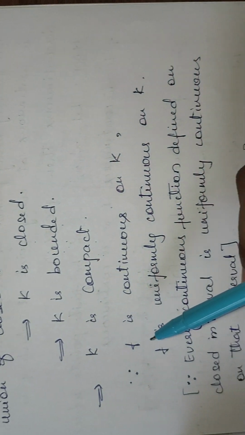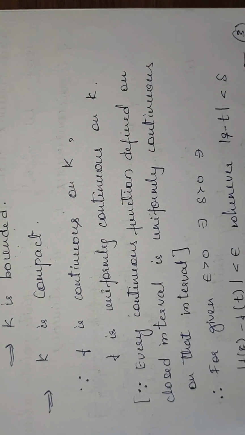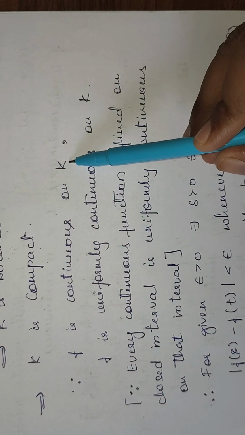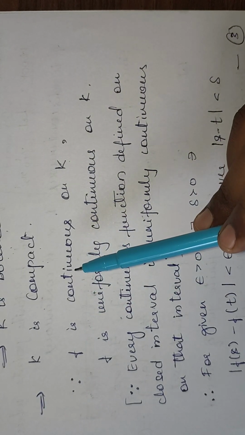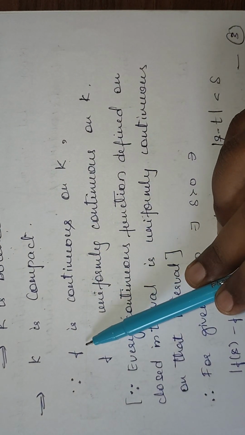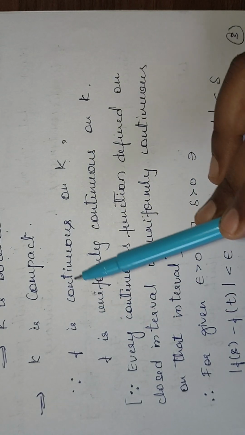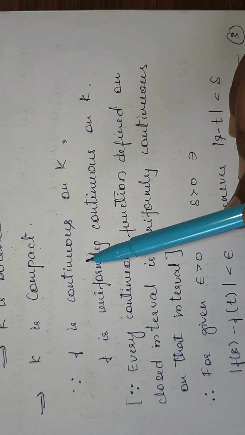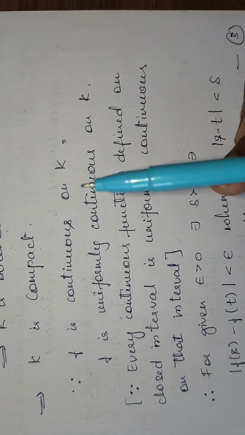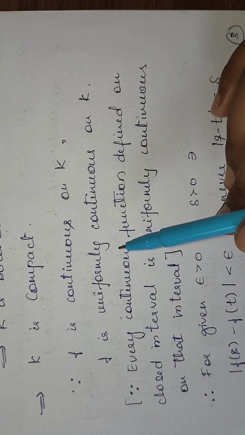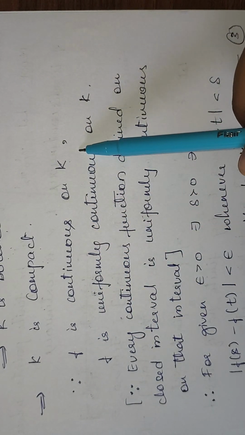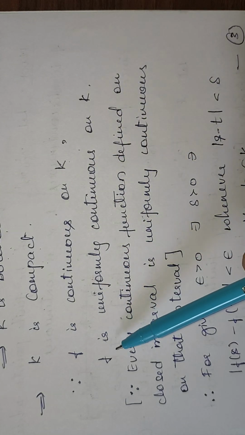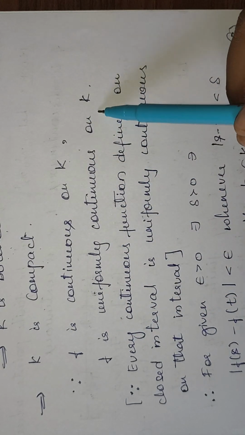And since f is continuous on K, okay, why? Because we have removed all points of discontinuity. Where f is discontinuous, we have removed such points, and not only points, we have removed the small intervals containing those points. So obviously now f is continuous on K. And f is uniformly continuous on K. Why?